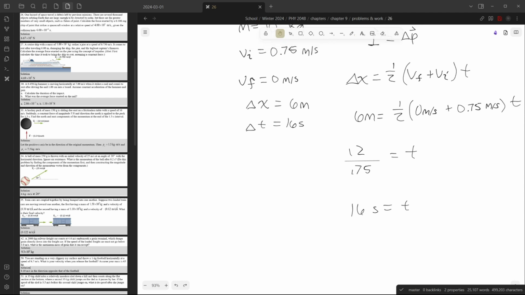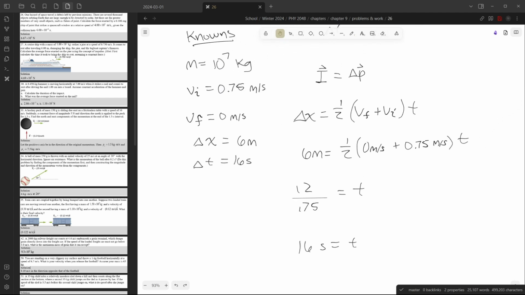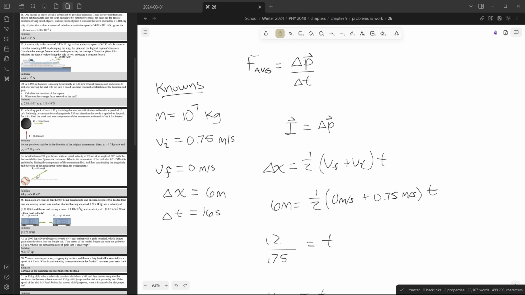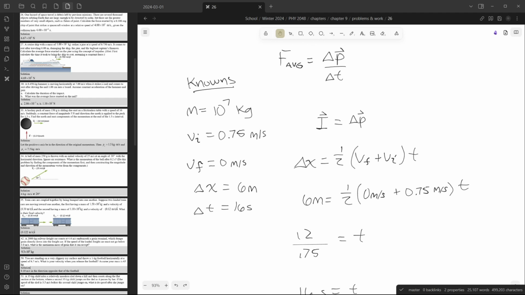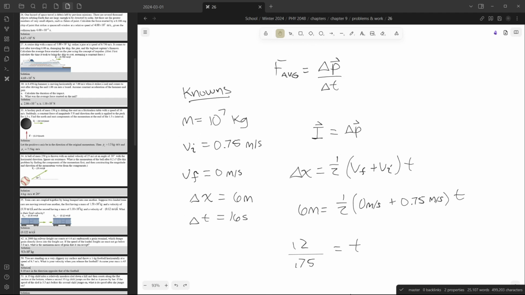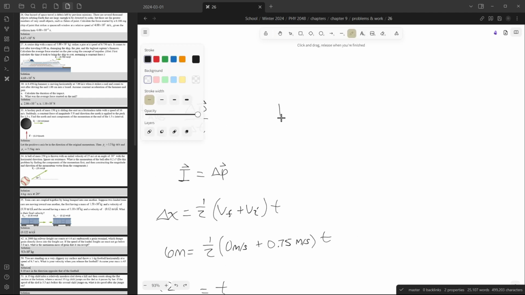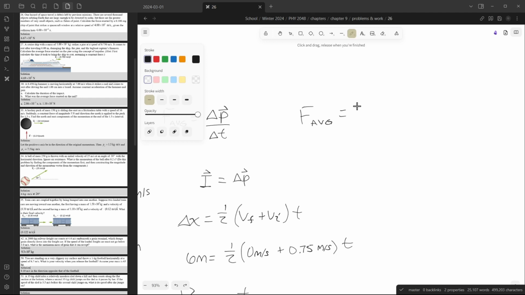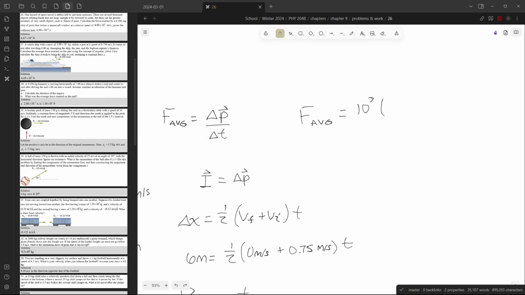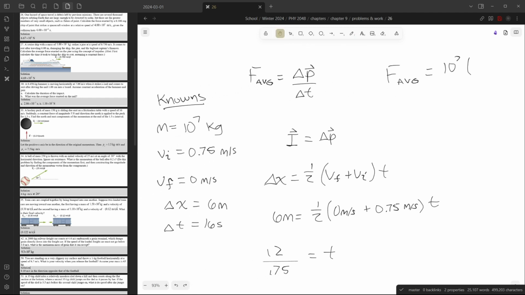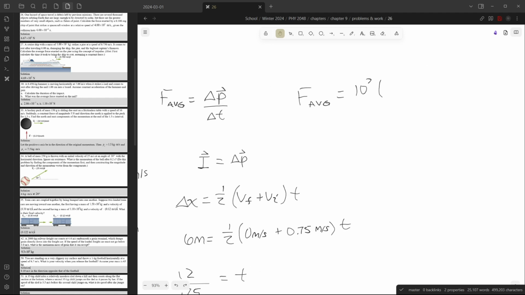So that's how long it takes for the cruise ship to stop. And now all we have to do is plug everything in, because we know our velocities, we know our mass, and now we know our delta t. So the average force equals 10 to the power of 7, and then our velocity, which was 0.75.